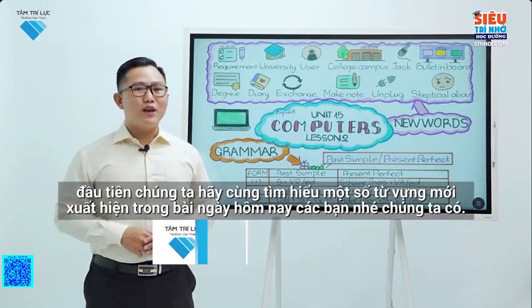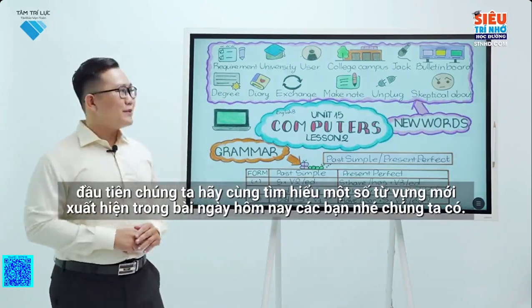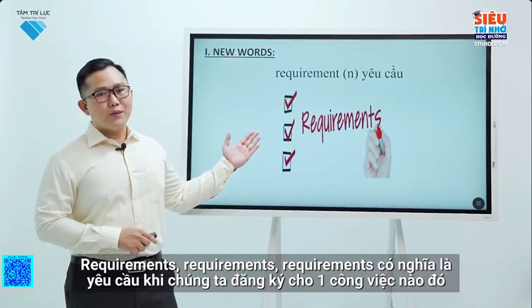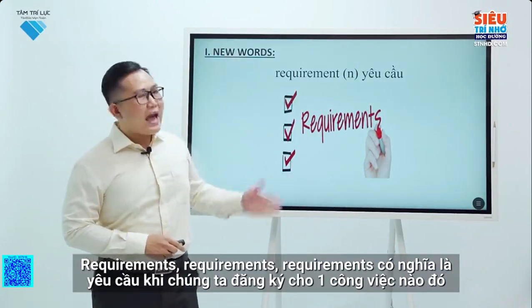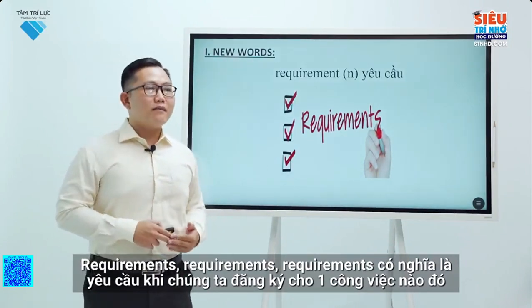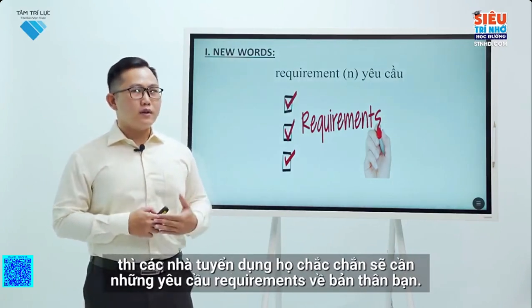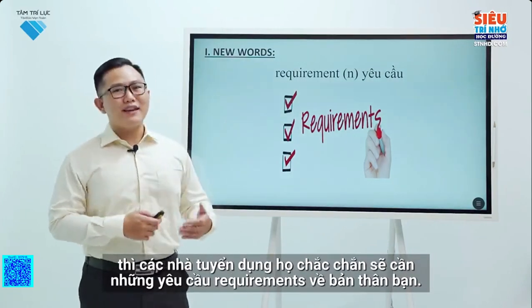First, let's find out the meaning of new vocabulary in today's lesson. Here we have requirements. When we apply for a job, the employer definitely needs the requirements about yourself.